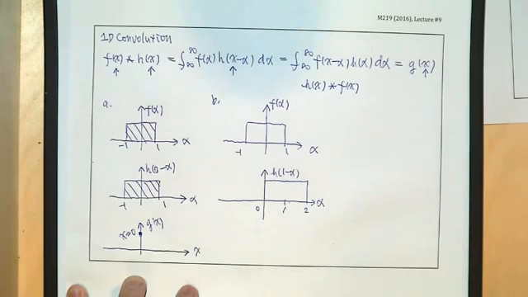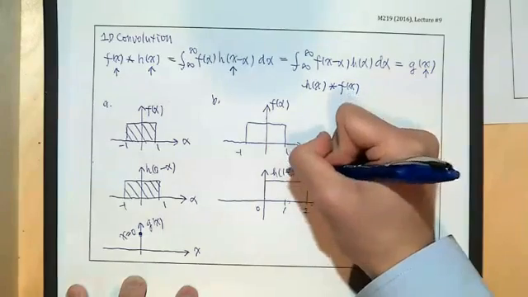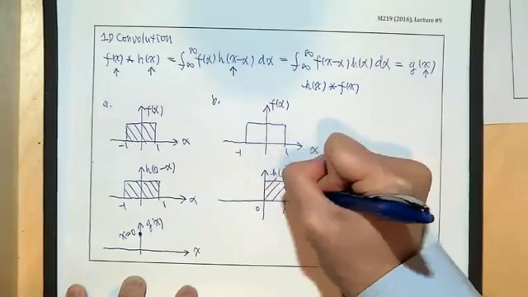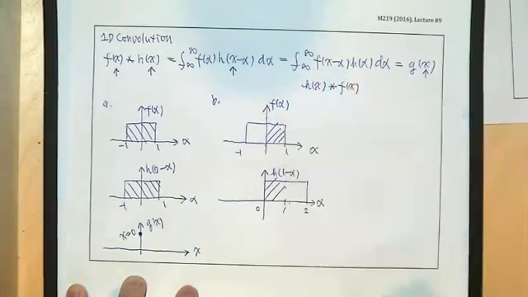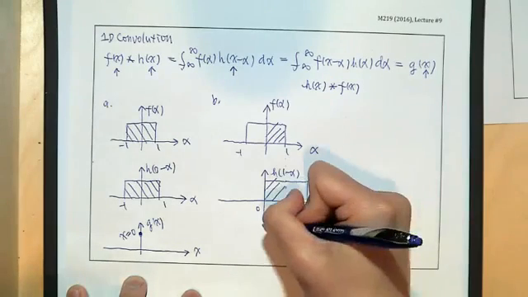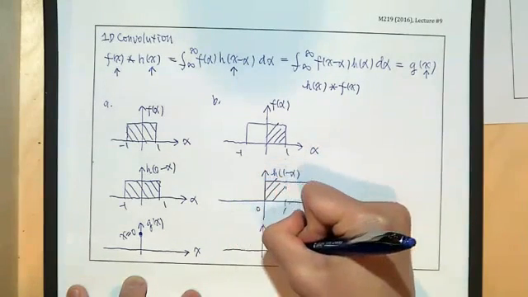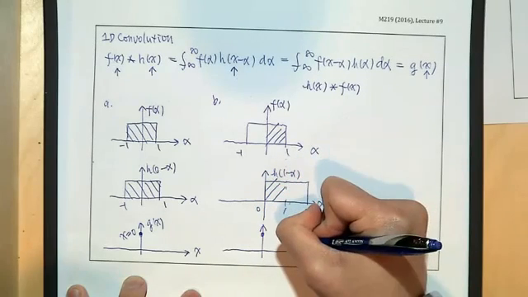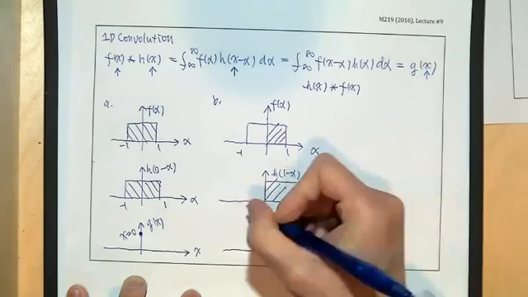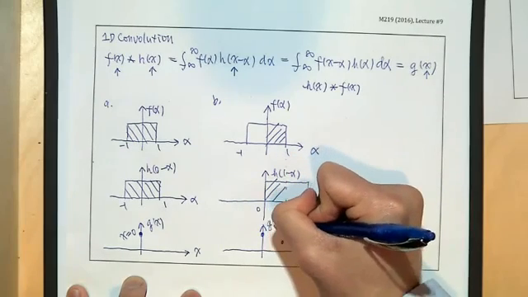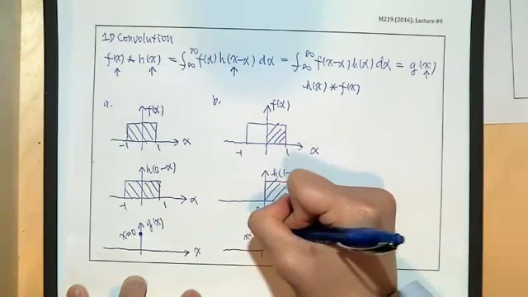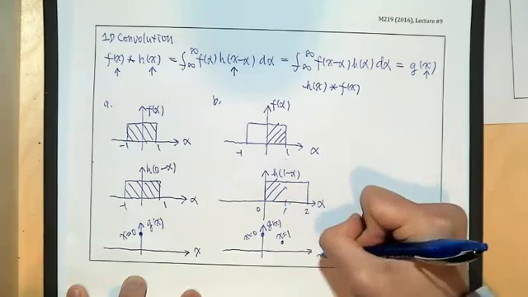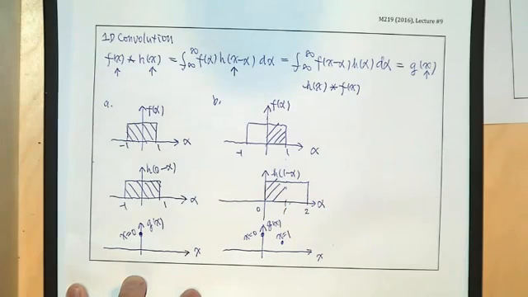And now if you look at the overlap, we only get the area from this portion of the function. So if you look at g of x, this is the second data point in our g of x function.